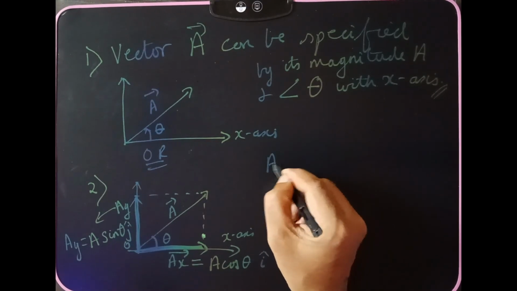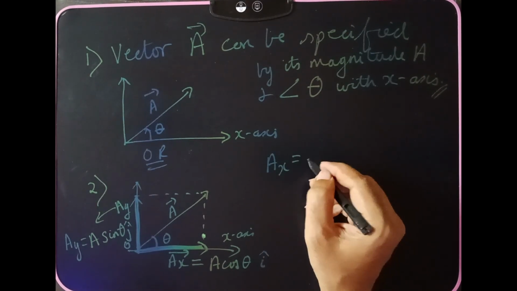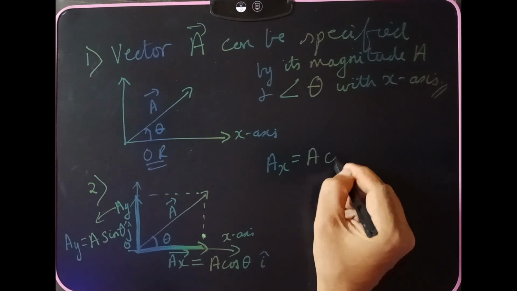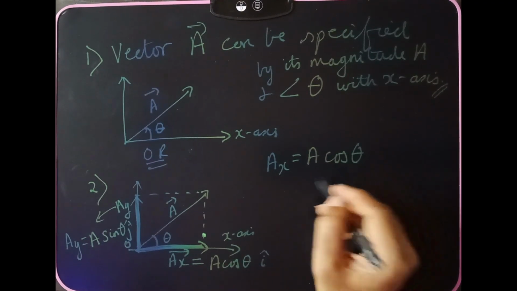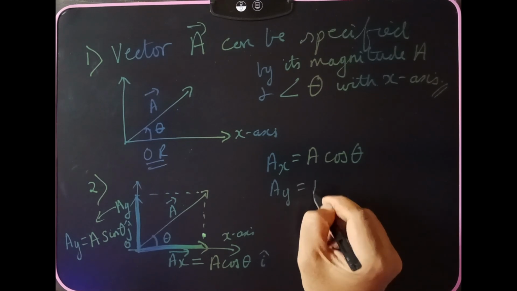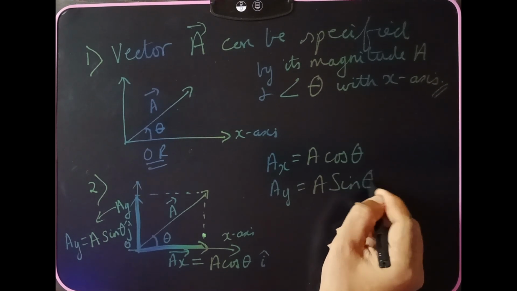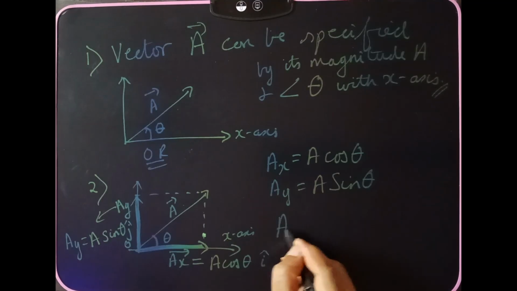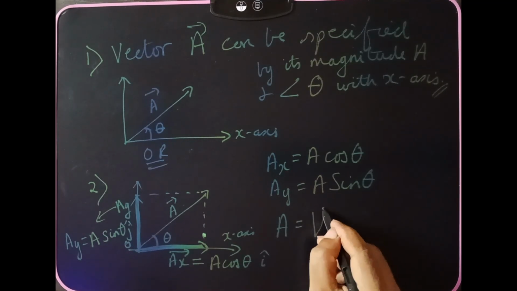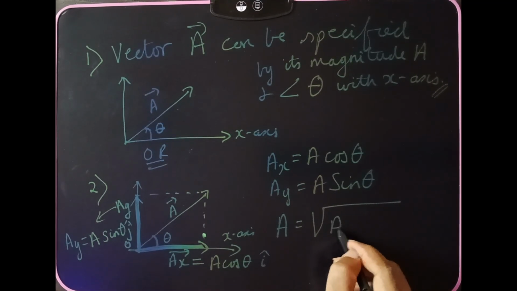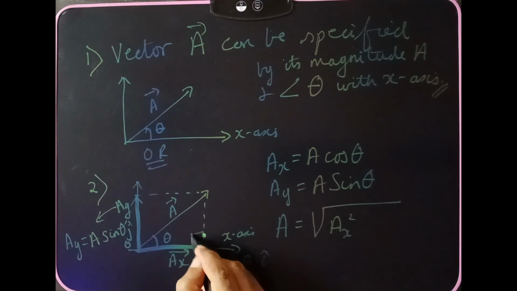So ax is equal to a cos theta, and ay is equal to a sin theta. Hence a is equal to the square root of ax square plus ay square, because it's a right angle.